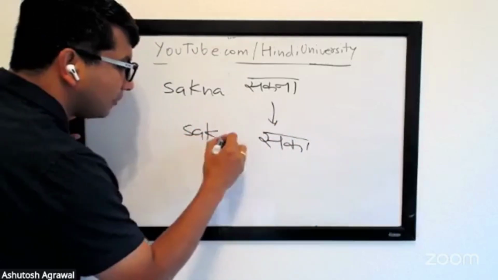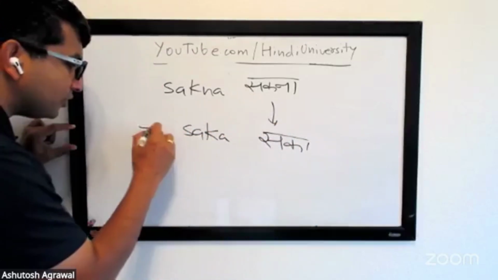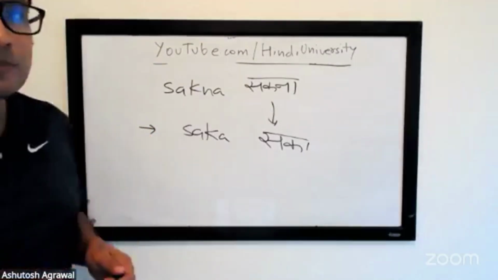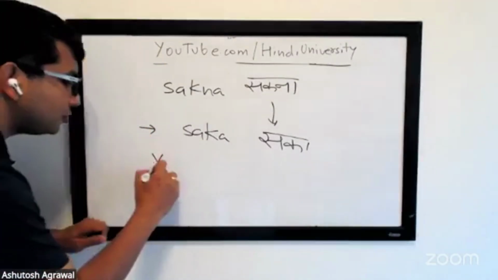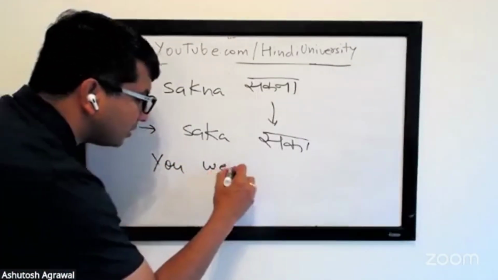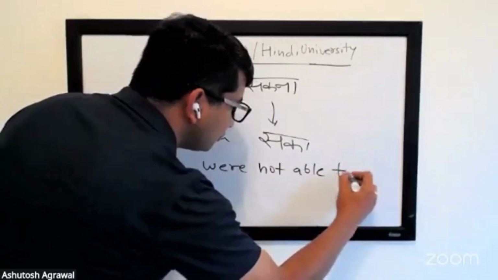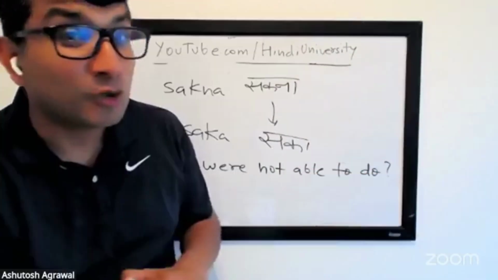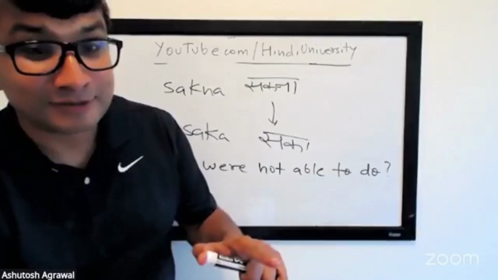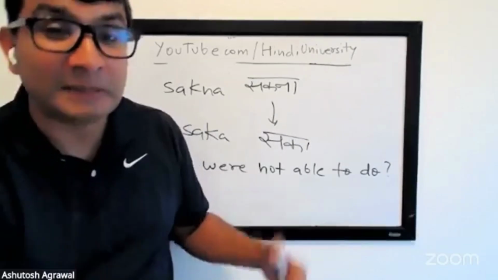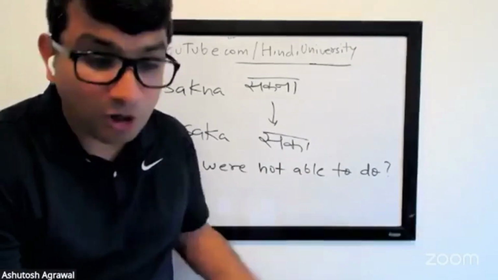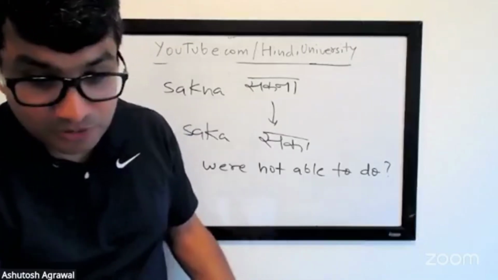And the majority of the time you will use Saka for something you were not able to do. You cannot use Sakna here, right? Because it's something in the past you could not do or you were not able to do.